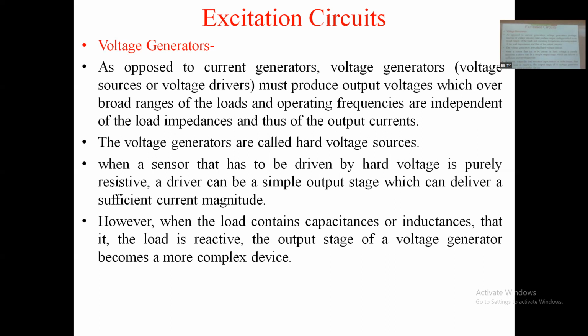When a sensor that has to be driven by a hard voltage source is purely resistive, the driver can be a simple output stage which can deliver a sufficient current value. When a sensor is driven using a hard voltage source and that sensor is purely resistive, like an RTD, the driver can be a simple output stage which can deliver a sufficient current value. For that resistance, the driver, which is nothing but a hard voltage source, will provide a sufficient current magnitude.